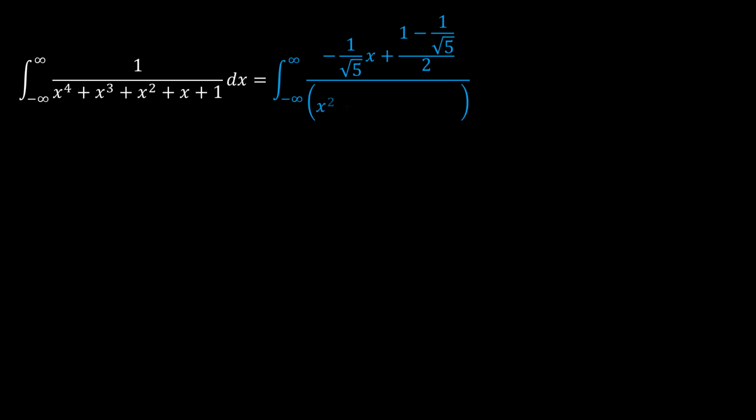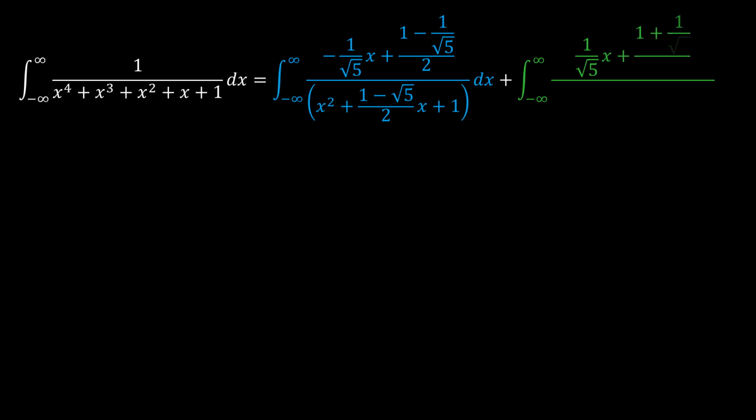Let's focus on the denominator. If you have the polynomial x squared plus bx plus c, we're trying to create a perfect square involving that denominator.